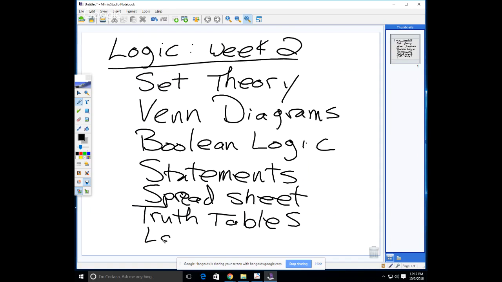And logical fallacies. So mostly in that order, we're going to play around with these topics in logic.